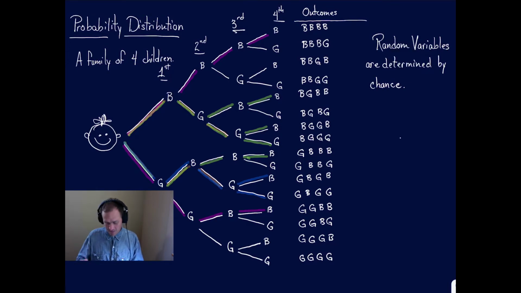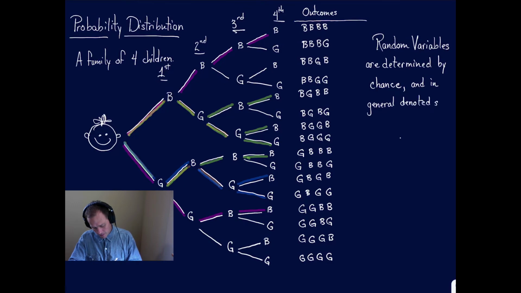Oh, there we go. Okay, so what I want to do is we're going to take this information and we're going to use it to construct a probability distribution. Now, let me go back. Our random variables are determined by chance and a little bit more. And in general, denoted as X, okay?